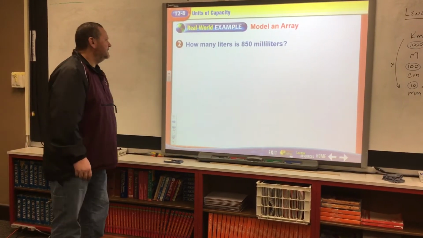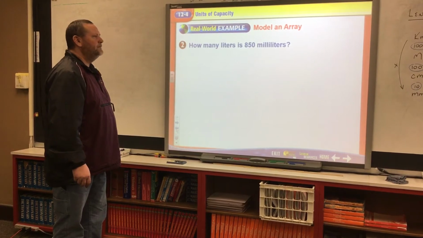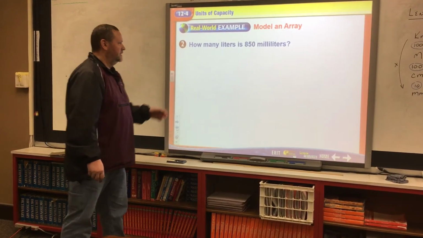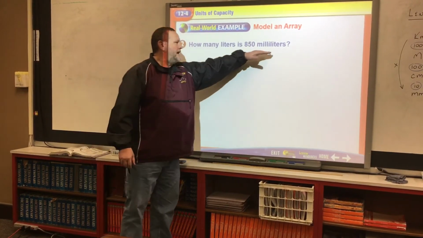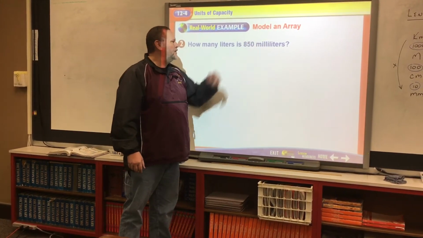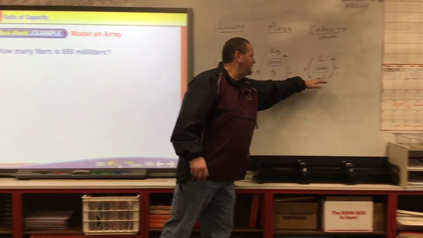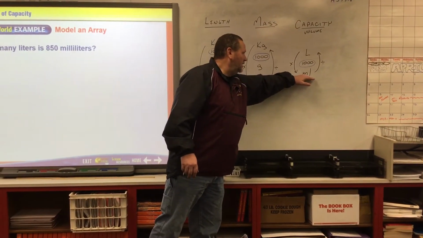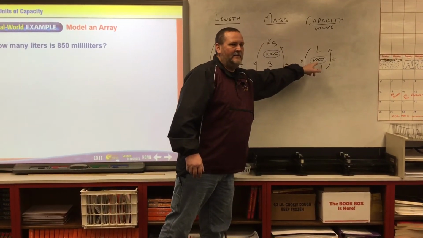Okay. How many liters is in 850 milliliters? Okay. So in this case, we are starting at milliliters. We know the milliliters, and we want to find out to liters. So you're looking at your chart, you're going from milliliters, that's what we know, and we're going to liters, so in this case you're going to divide by 1,000.